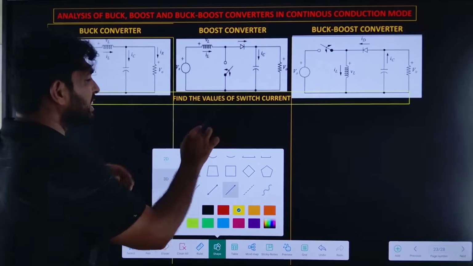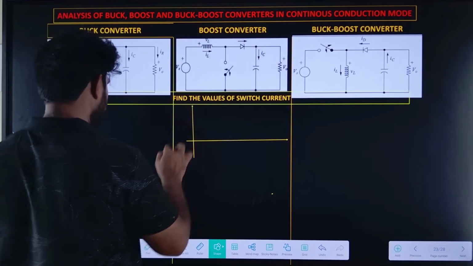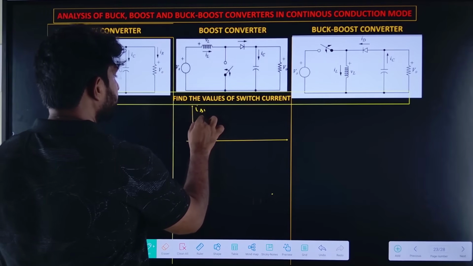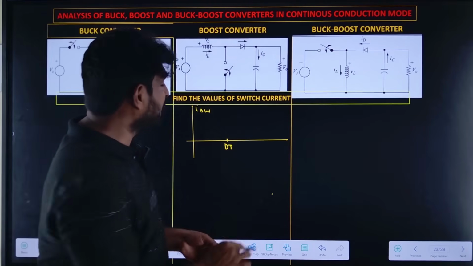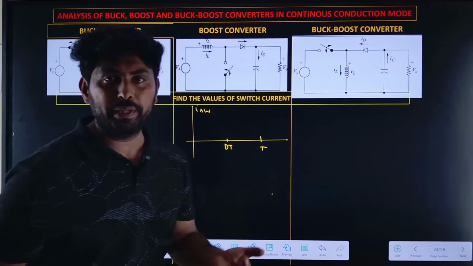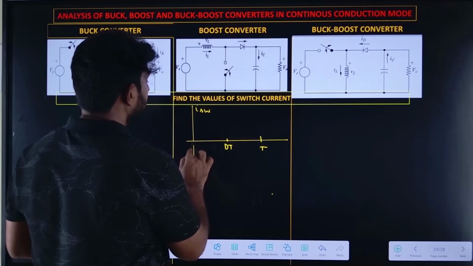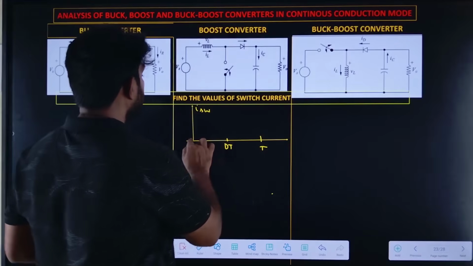For all the 3 cases it is similar. The values may change, but the waveform nature is similar. During 0 to DT only the switch will conduct. For the remaining period the switch will be in the off condition. So it will be like this.